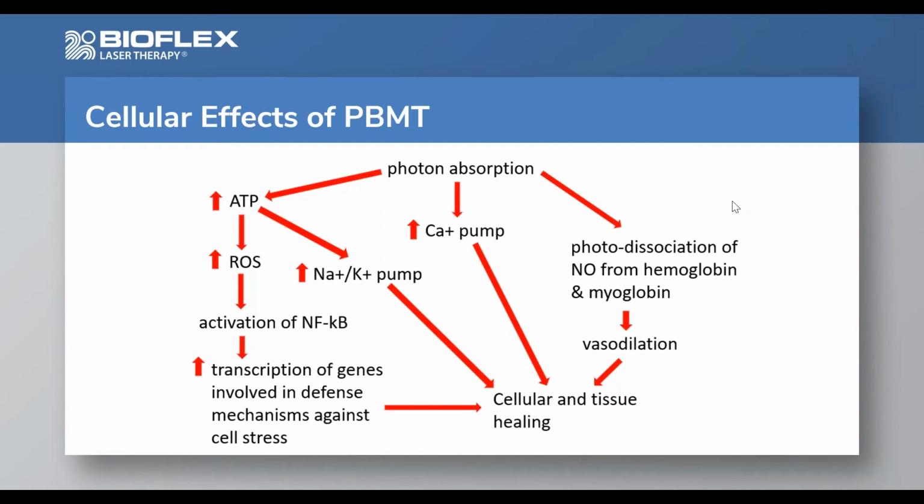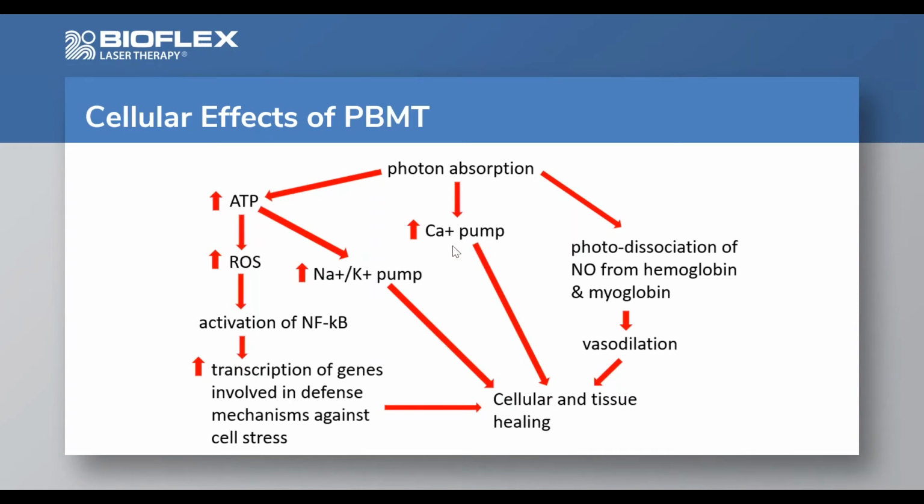Many of you watching are familiar with the cellular effects of PBMT or low-level laser therapy. As a review, we know that you can increase ATP production essentially by increasing the activity of cytochrome C oxidase in the electron transport chain. This causes a short spike of reactive oxygen species, or ROS. It activates an enzyme called nuclear factor kappa beta. This is a really important enzyme because it triggers lots of positive protein synthesis. Also, light has been known to increase the activity of calcium ion channels.